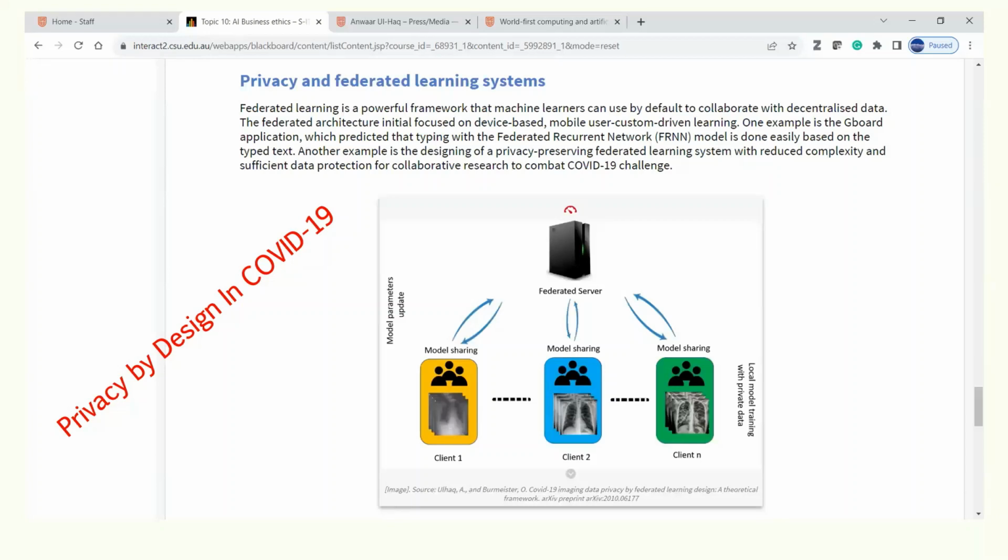In this case, we were able to design a framework in which we don't need to share the data, and we can take care of the privacy of the data while we were able to design the model as well. That's called the federated learning model, but we specifically used it in the COVID-19 context.